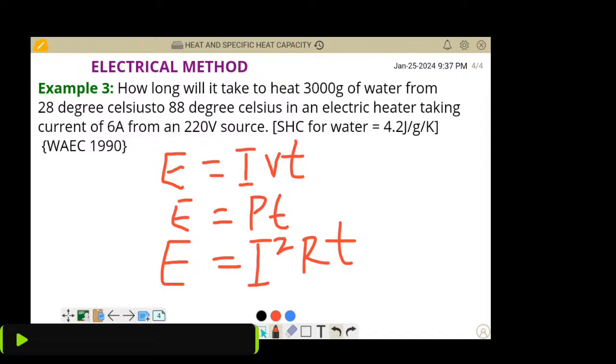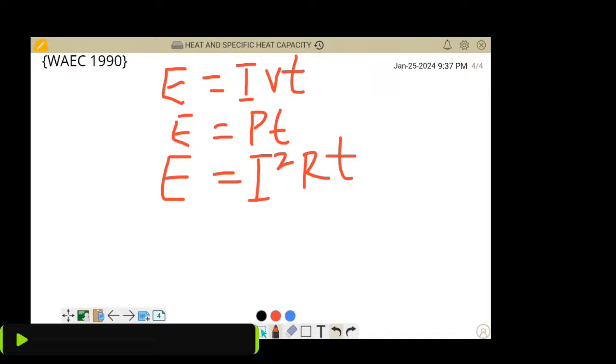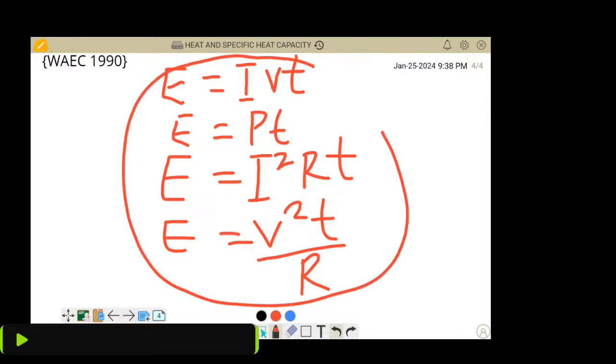Lastly, for electrical energy, you can as well have E equal to V squared T over R. R is the resistance of the material, I is current, V is voltage, and P is the power of the electrical appliance. So any of these four formulas can be used to determine the specific heat capacity of a substance, depending on the parameters that you are given in the question. Let's see how we can make use of this.